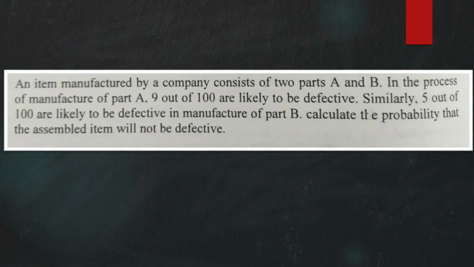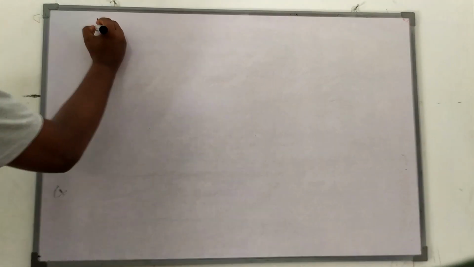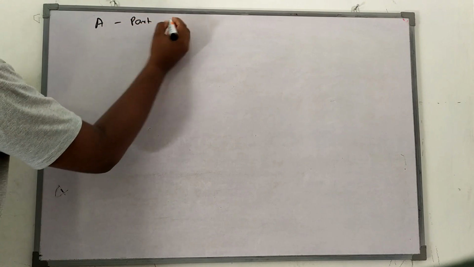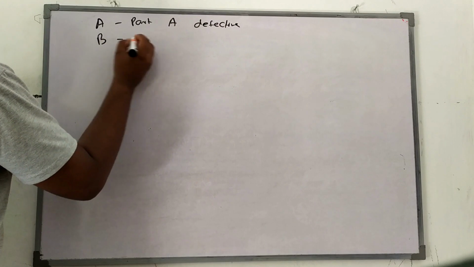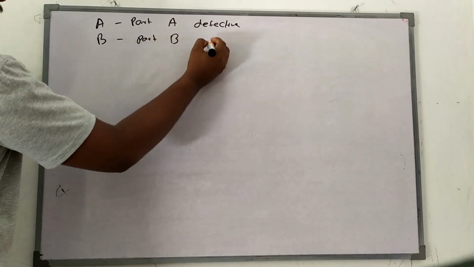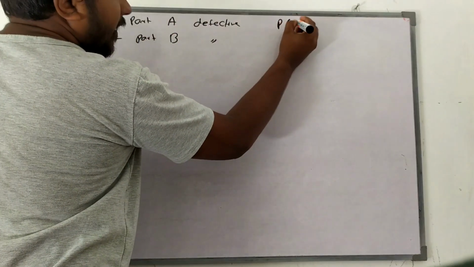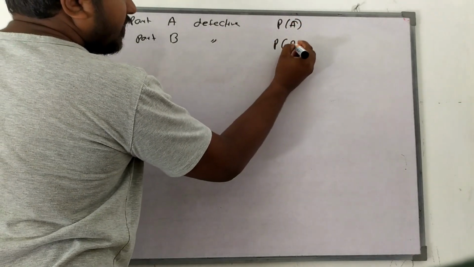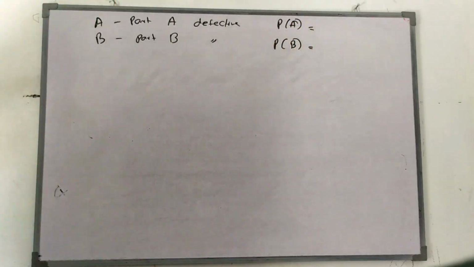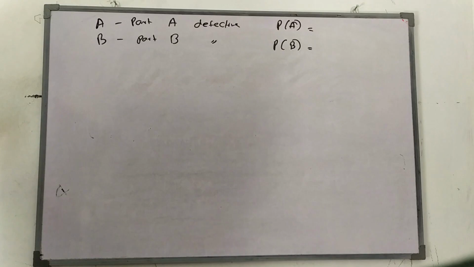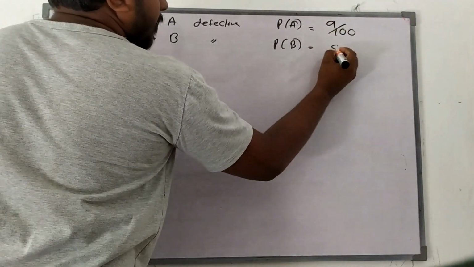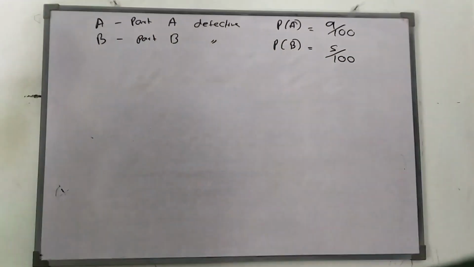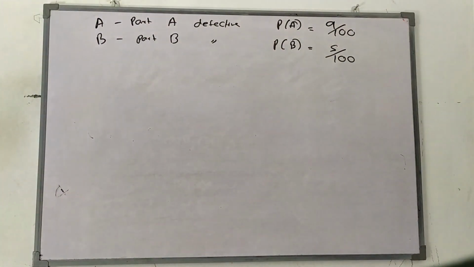Therefore, I'm considering part A defective and part B defective. So P(A) and P(B) were given, no? P(A) was 9 out of 100, and this is 5 out of 100. So what is the probability that the assembled item will not be defective?